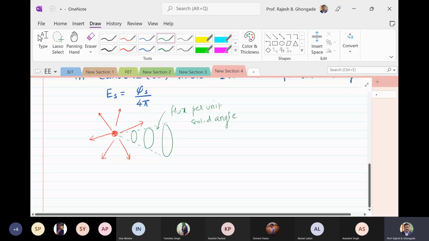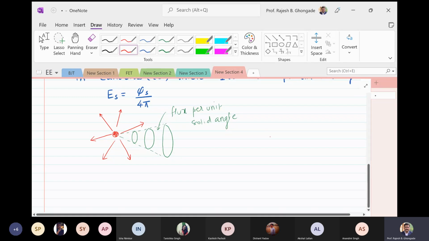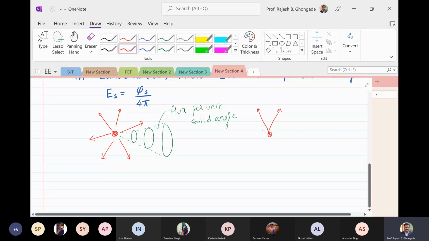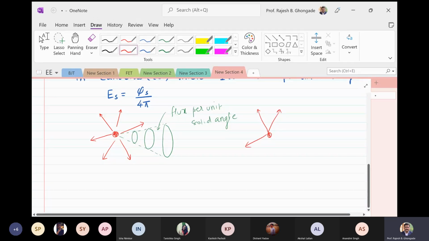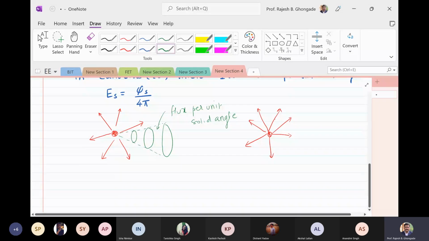Now if I want to find out flux per unit area, what we can do is again have the point source and see the light emitted.